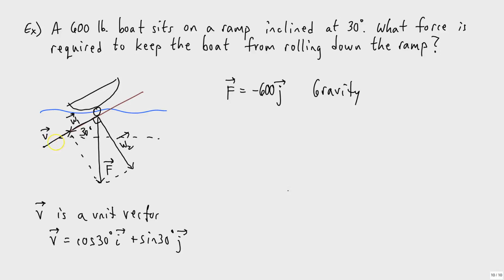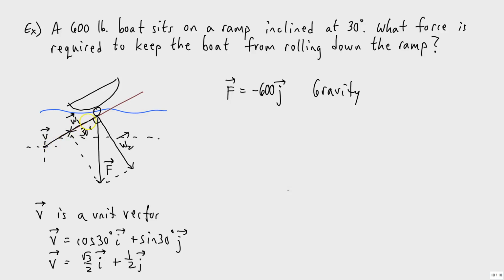So here's V, and then on its own little plane, that'd be a 30-degree angle in standard position. So it'd be cosine 30 degrees i plus sine 30 degrees j. It's a unit vector, so its magnitude is 1. So V would be root 3 over 2 i plus 1/2 j.